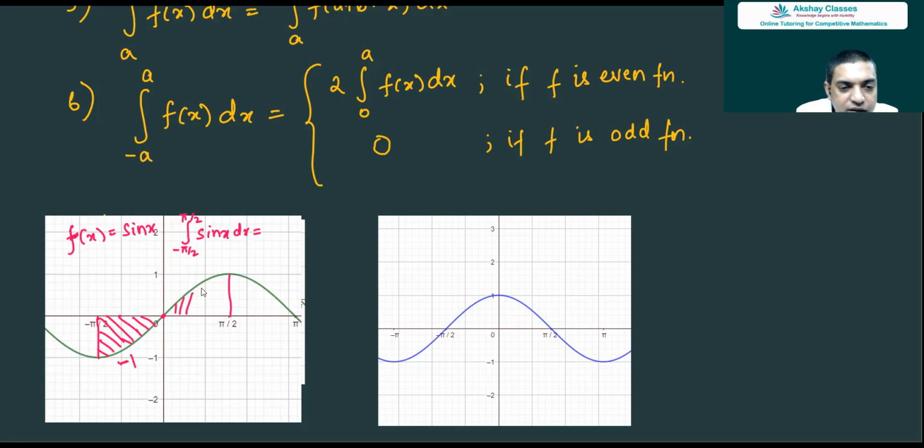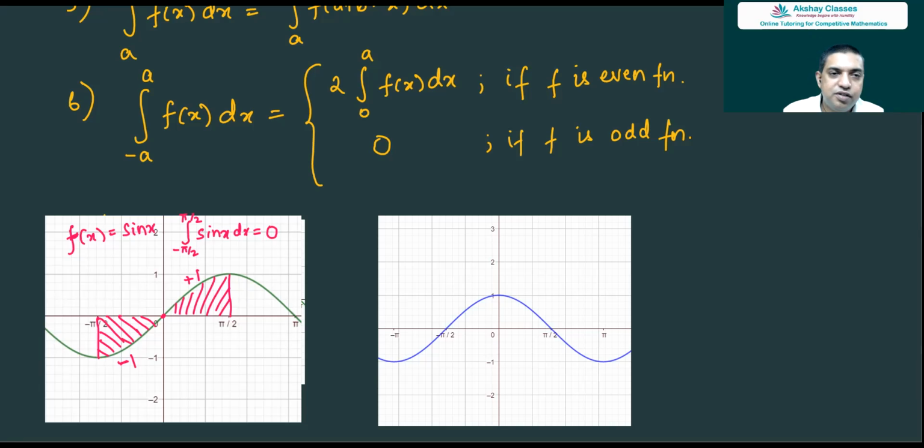Here, the value of this integral will be plus 1. So minus pi by 2 to pi by 2, the integral value will be 0. So whenever there is an odd function, the areas between minus a to a will have opposite signs and they will be symmetric. So it will be 0.